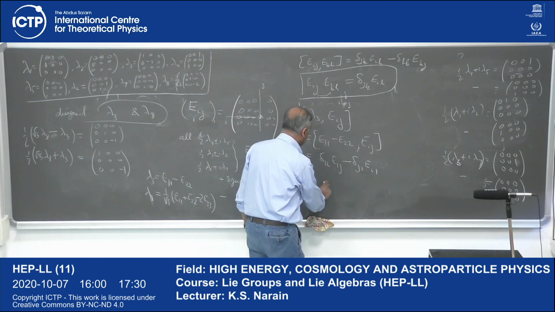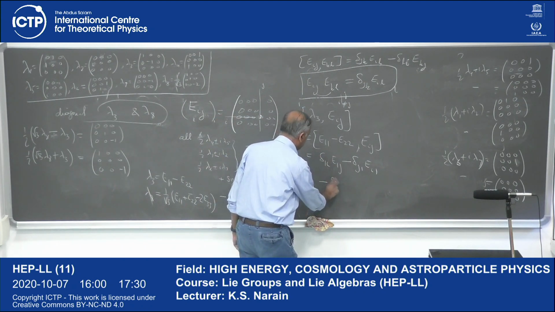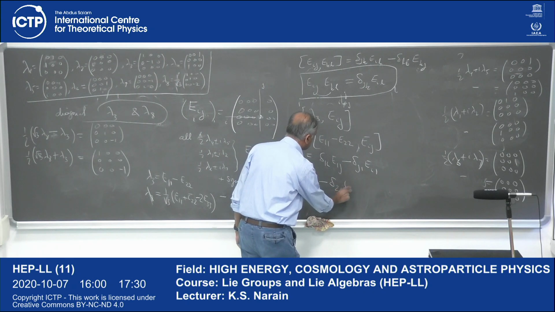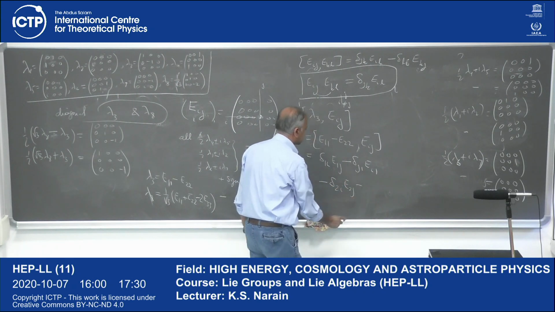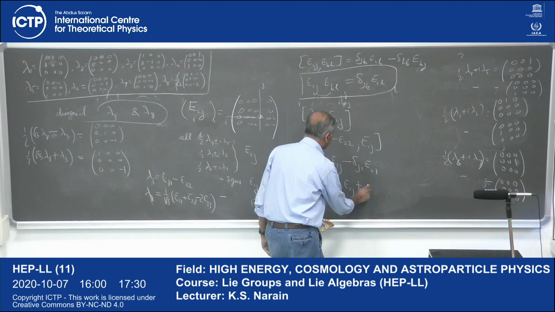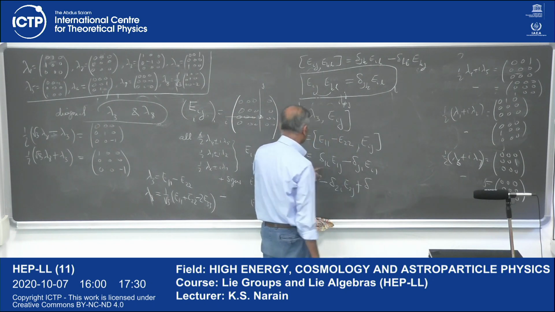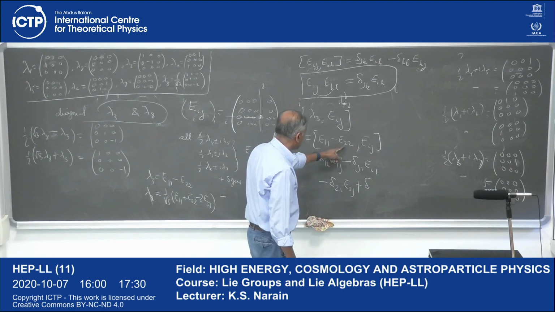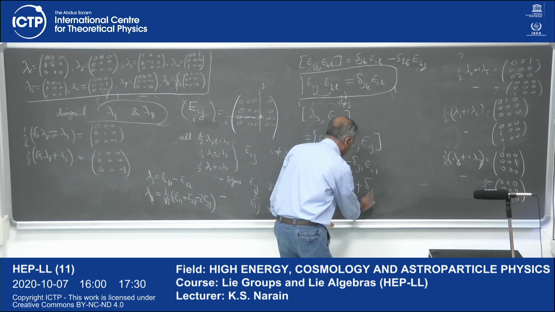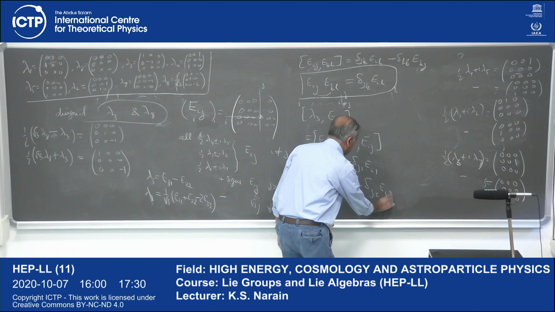And from the minus E22, just replace 1 by 2. So minus delta 2I E2j, plus delta j2, where 1 is to be replaced by 2, Ei2.